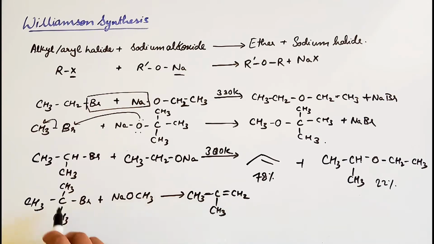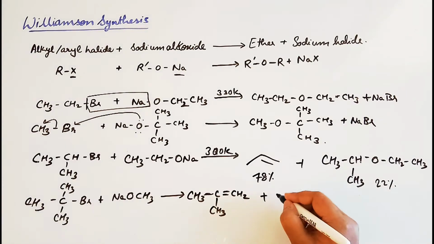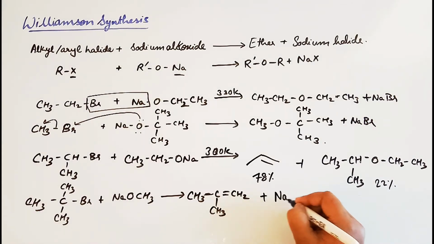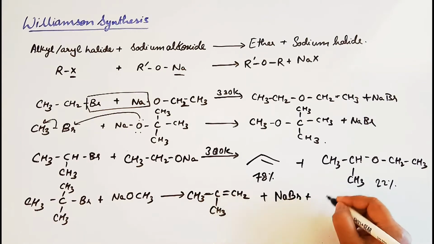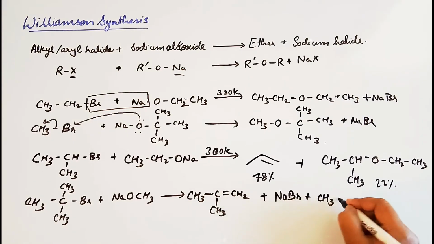Here an elimination reaction takes place in the alkyl halide, and NaBr is formed along with the alcohol, methyl alcohol.